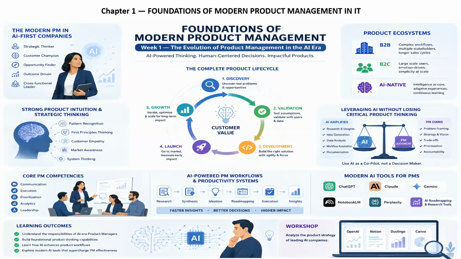Now coming back to the basics of the product life cycle, it starts with the discovery phase, then prototype validation, then you build it, then you launch it, and then you measure it, and it goes in a loop. In product discovery, we are going to focus on: are we solving the right problems?